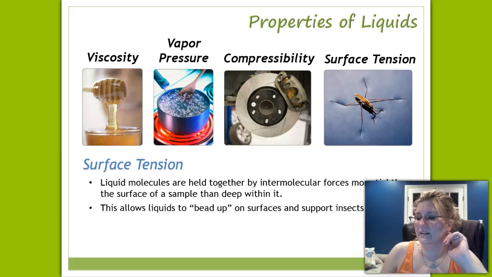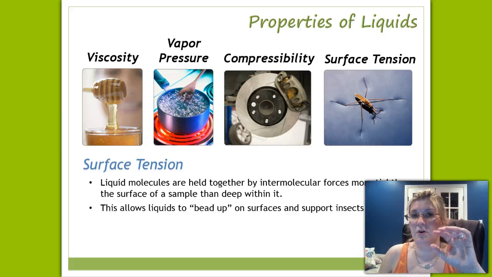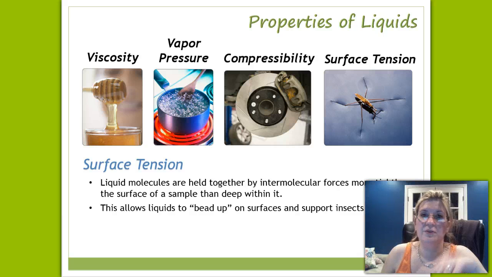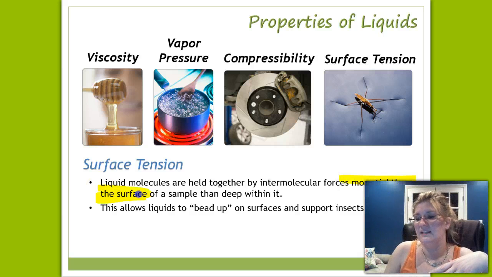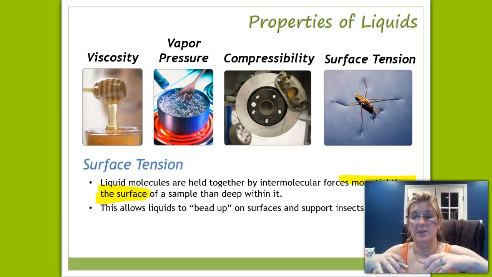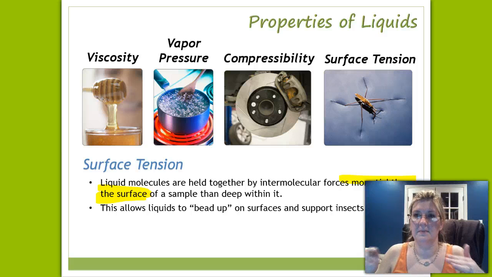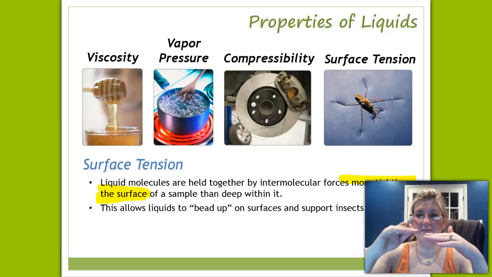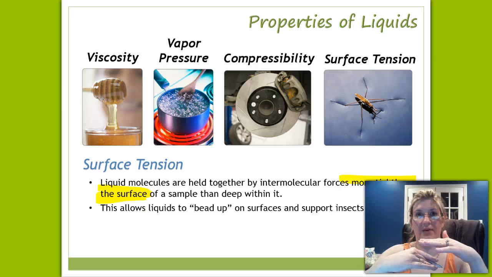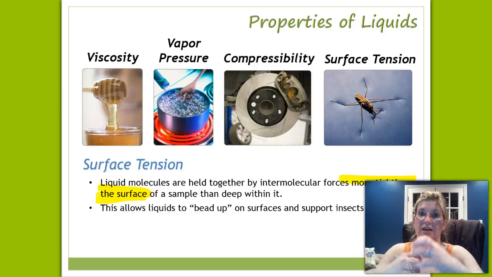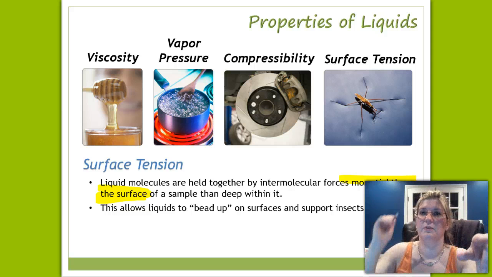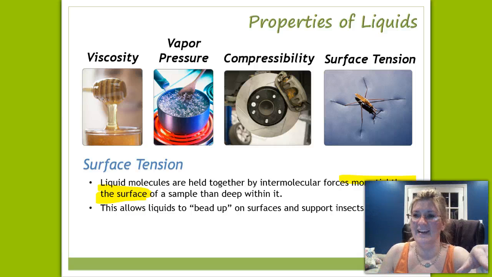In any case, liquid molecules are held together so strong by intermolecular forces that they're super strong or tight on the surface. And the molecules deep within it, they're tied together too, but just not as much as on the outside, because the ones on the outside only have basically one side to associate with, right? So they get nervous and they're like, I really need you guys down below me to help out. It's kind of like that scene in Nemo where they were like, swim down, swim down.